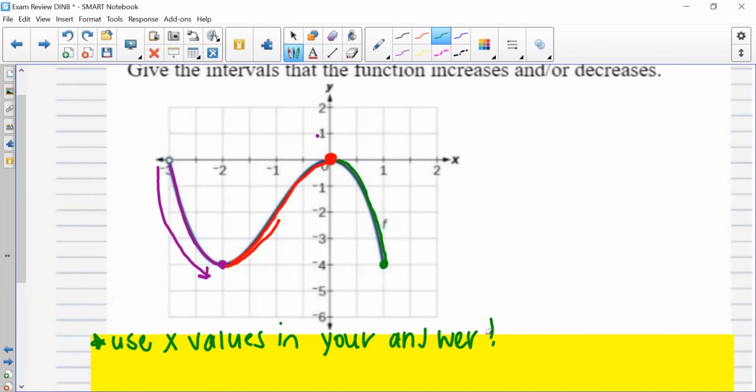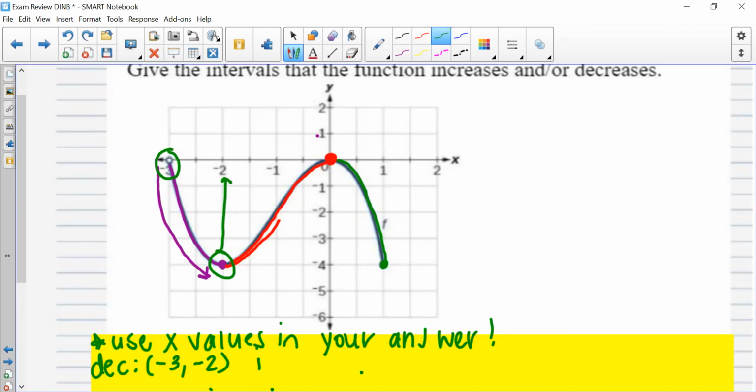So this purple that I've got on my graph was decreasing, we would say it decreased, and we use the X values. It decreased from when X was -3 until this point when X was -2. So it decreased when X went from -3 to -2.